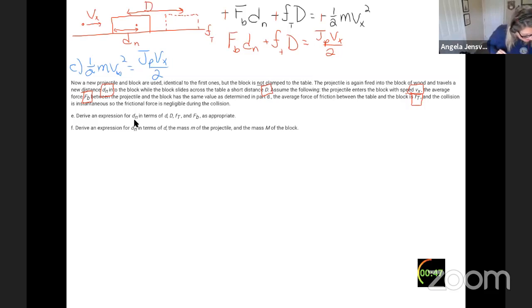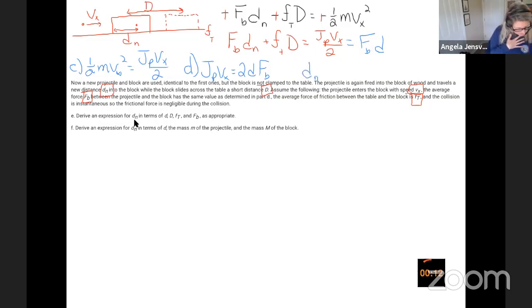And then in part D, we found that JpVx equals 2dFb. So I'm going to justify plugging in 2dFb for JpVx. I hope you're with me here. So the right-hand side just becomes Fb d, right? And we're trying to solve for dn, so we can do that.